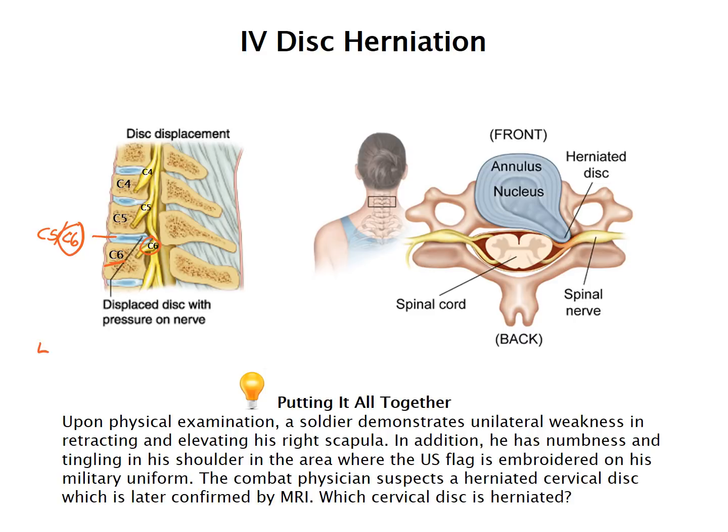So let's imagine we have an L3-L4 intervertebral disc herniation, in which case it's going to miss the L3 nerve that exits just below L3, and in fact will impinge upon the L4 nerve root. So this same rule applies for both regions, whether in the cervical region or the lumbar region.